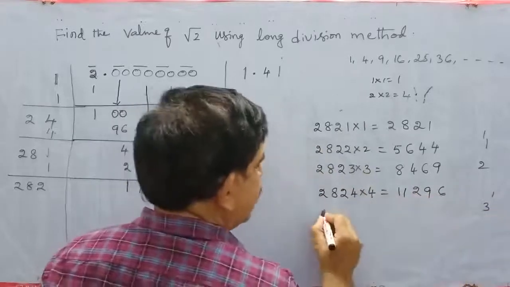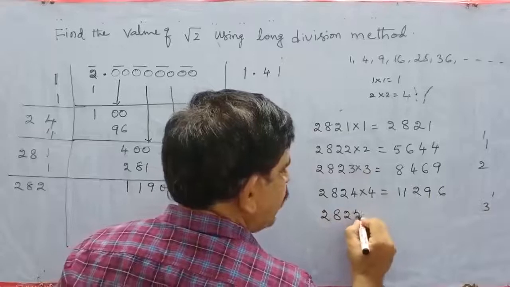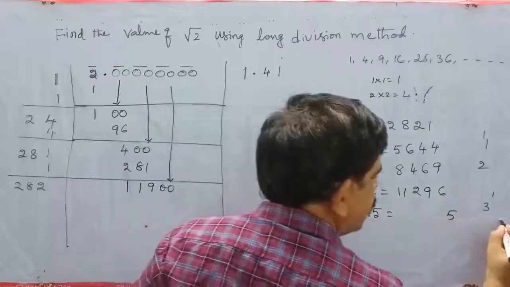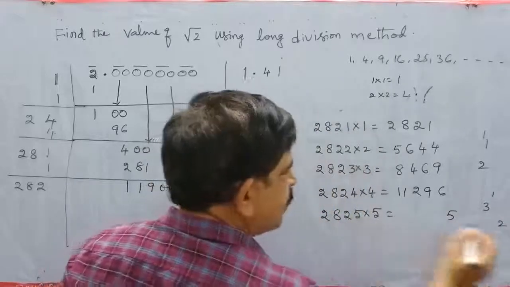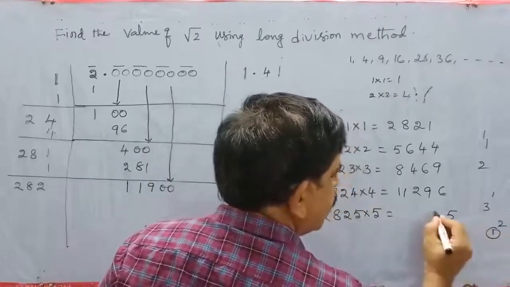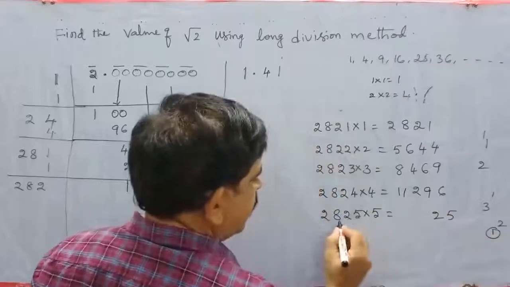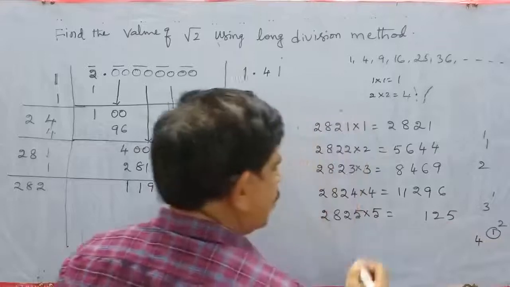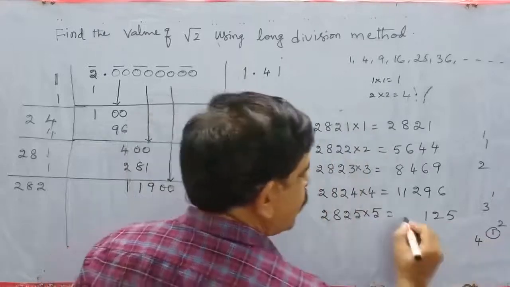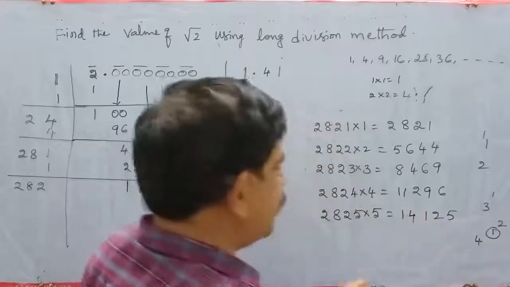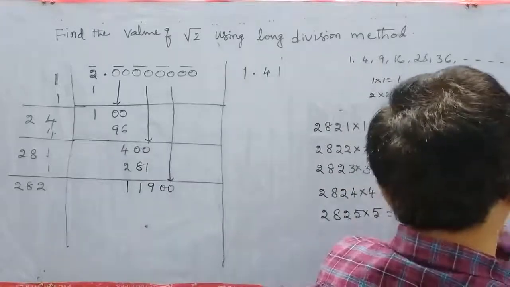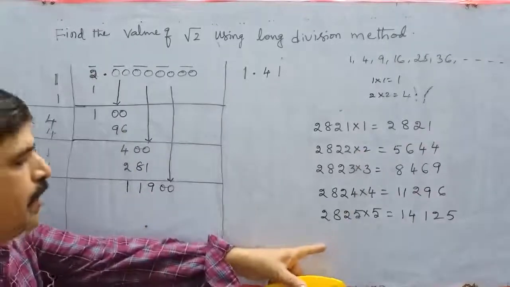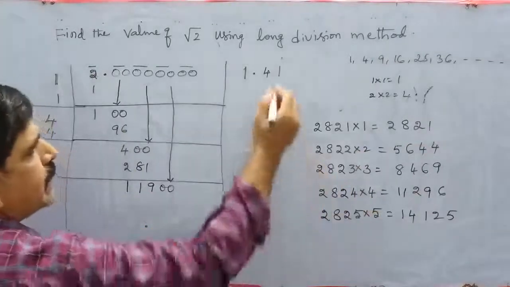Okay, next one, 282 5 times, 5 into 5, so that is 5 5s are 25, 2 remainder, 5 2s are 10 plus 2, 12, 1 remainder, 5 8s are 40 plus 1, 41, 4 remainder, 5 2s are 10 plus 4, 14. Okay, so 14,125. Now how many times does it go? Here 4 times.